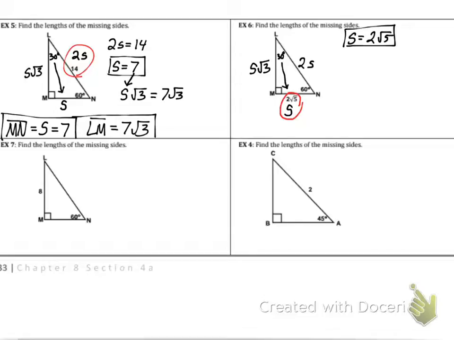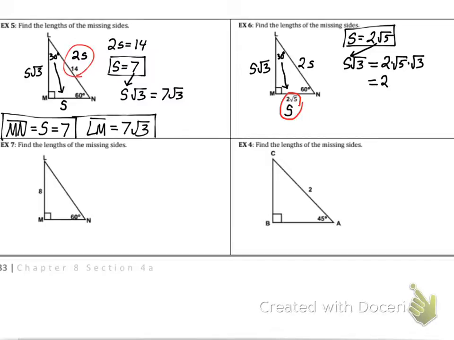All right, so let's do the long leg, which is S times square root of 3. That's going to equal me plugging that S in, so that's going to be 2 times square root of 5 times square root of 3. Now we've got to simplify that.